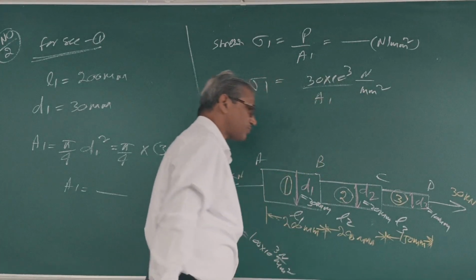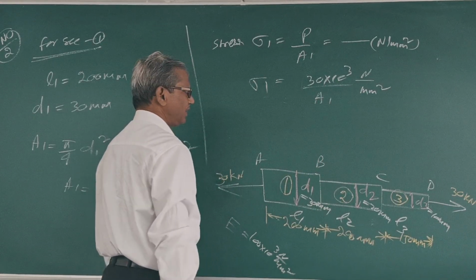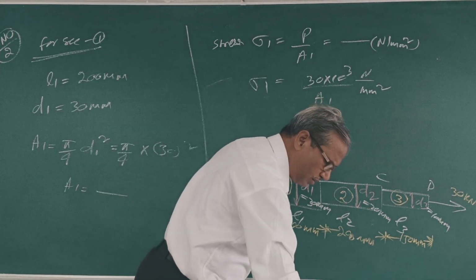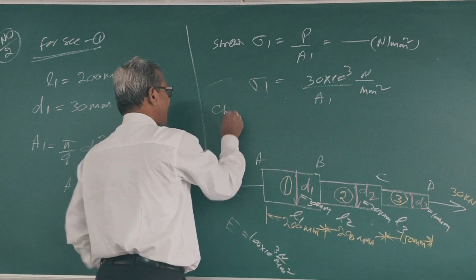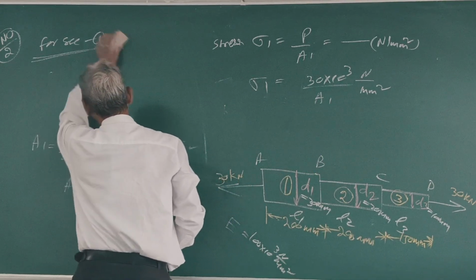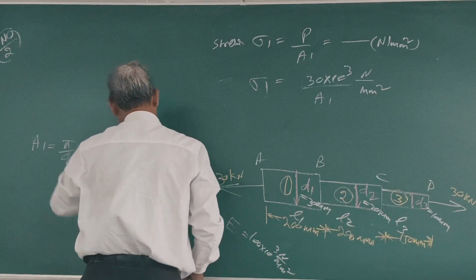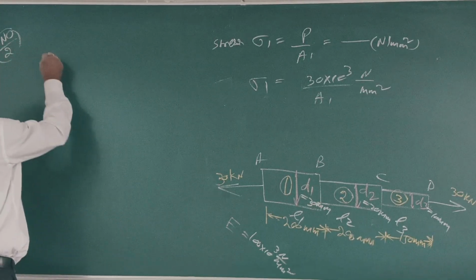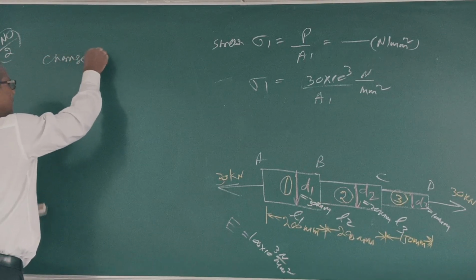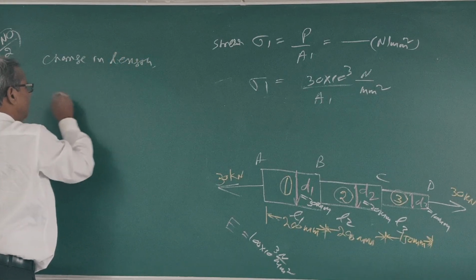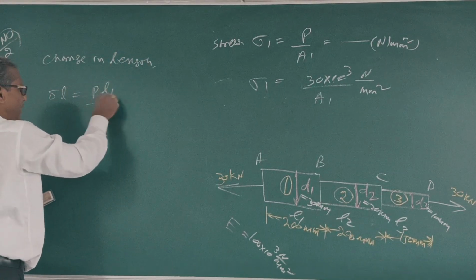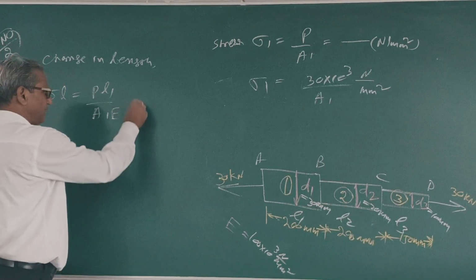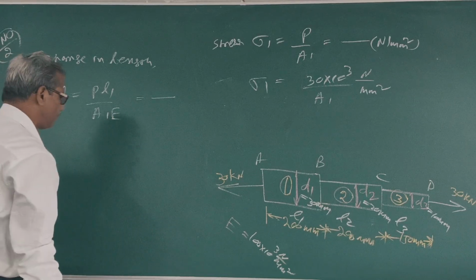Similarly, change in length delta L1 is equal to PL1 by A1E. Clear? Put all values, find the answer. This is delta L1.